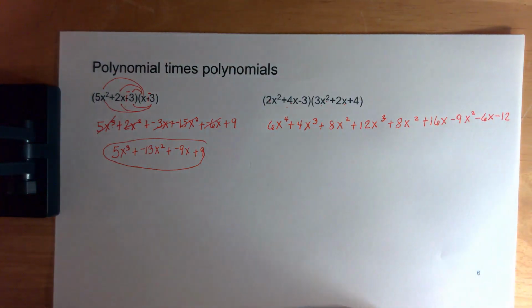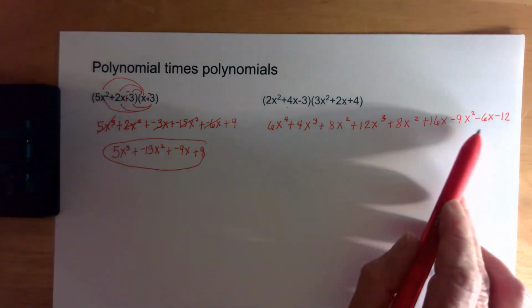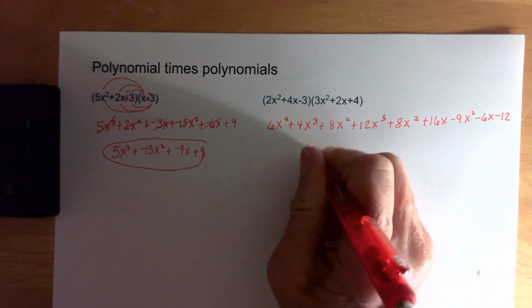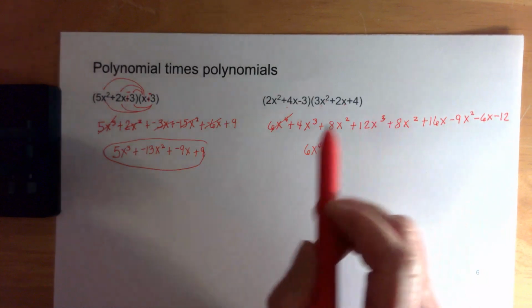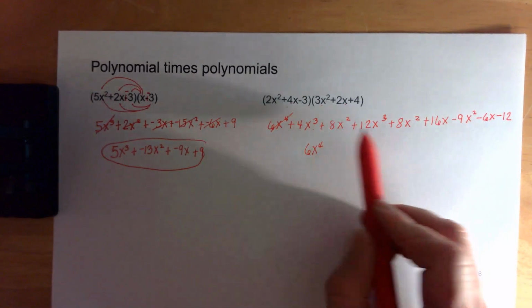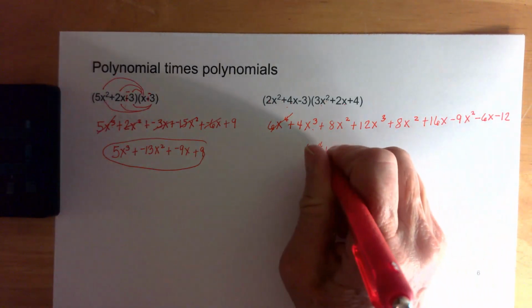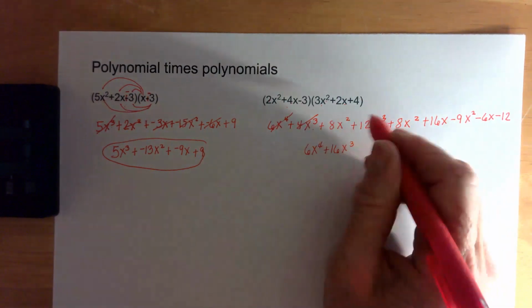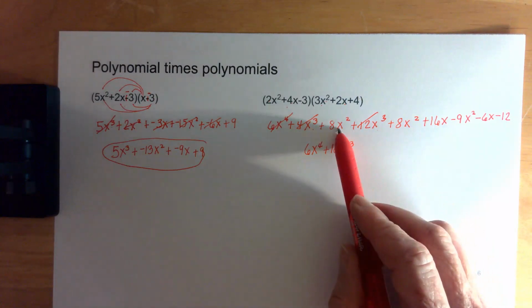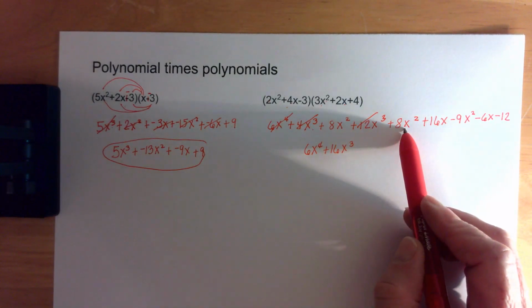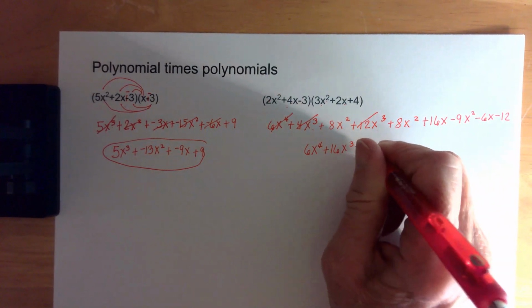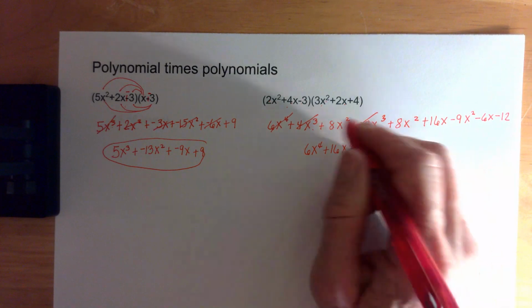Now I have to combine my like terms. The highest power of x I have is to the 4th power, so 6x to the 4th. Then I have a cubed here and a cubed here, so that's going to give me 16x cubed. And then I have an 8x squared and an 8x squared, which is going to give me 16x squared, minus 9x squared, so that's going to give me a 7x squared.